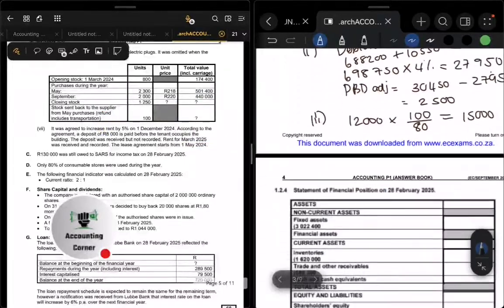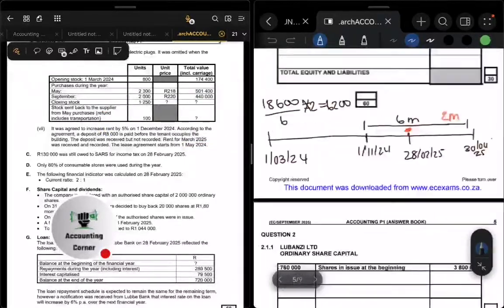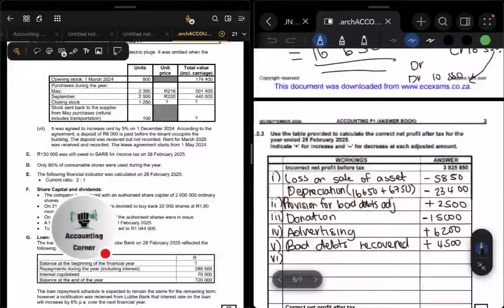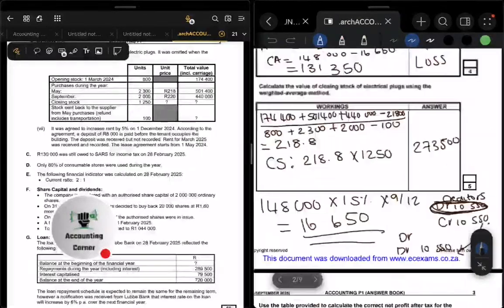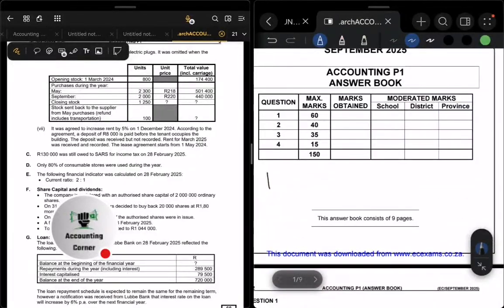Okay. So we need to calculate what is the rent for March, and we need to remove it. Increase on the 1st of December. Okay, we need to draw a timeline.